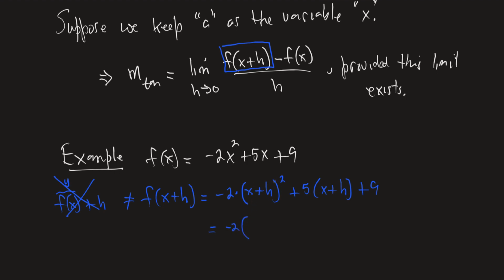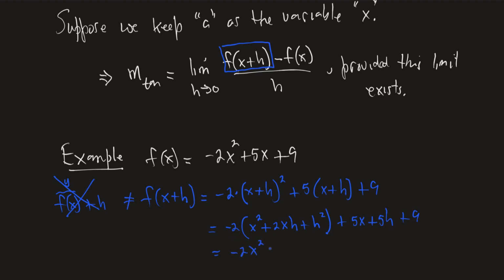By foiling this out, we're going to get x squared plus 2xh plus h squared. And let's distribute the 5, so that's 5x plus 5h plus 9. Also, let's distribute the negative 2.